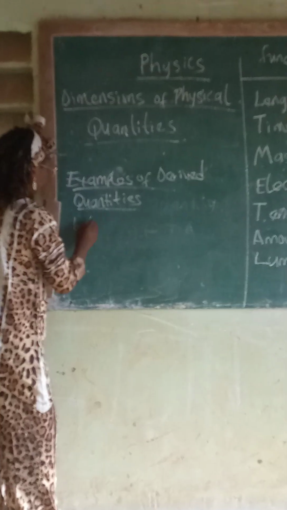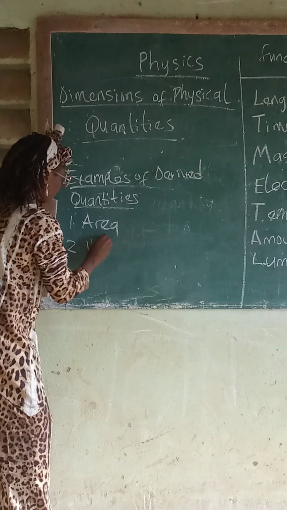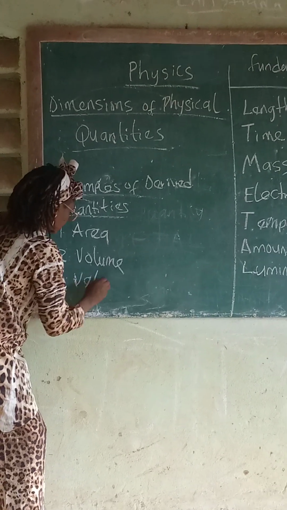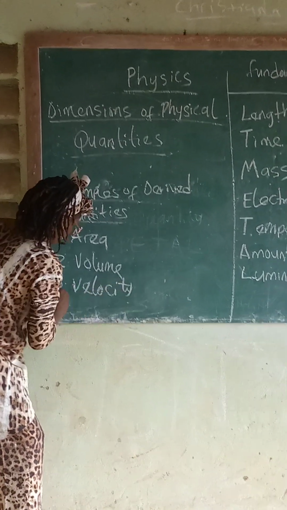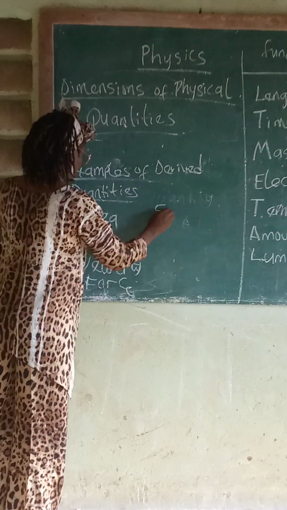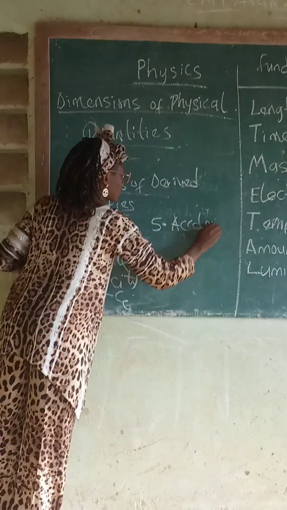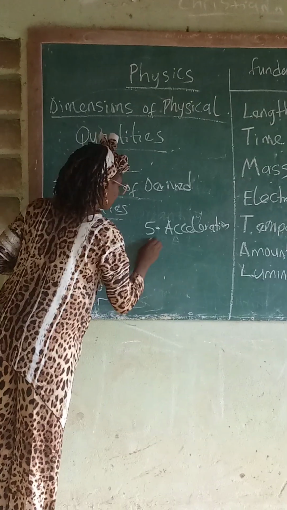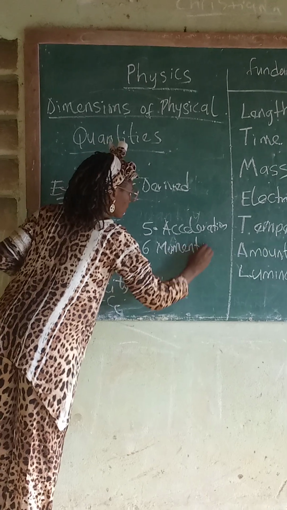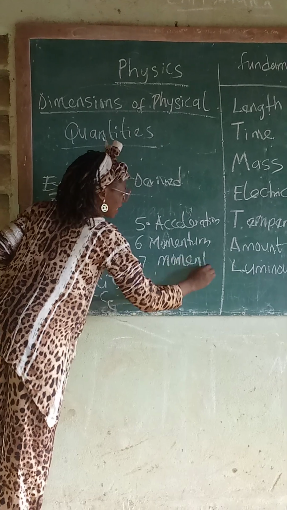We have 1, area. 2, volume. 3, velocity. 4, force. 5, acceleration. 6, momentum. 7, moments, and so on.